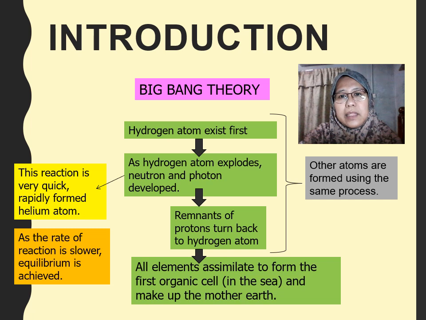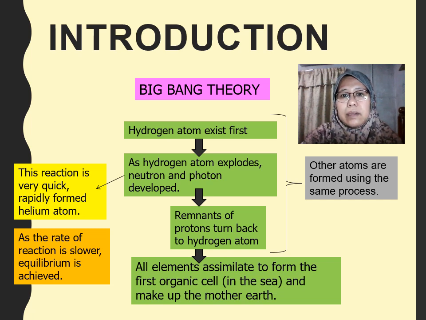said at the beginning, when the Big Bang happened, hydrogen atom exists first, and as it exploded, neutron and photon developed. So this reaction is very quick, very rapid, and it will form helium atom because two neutrons combined.